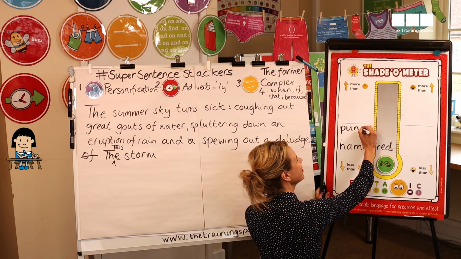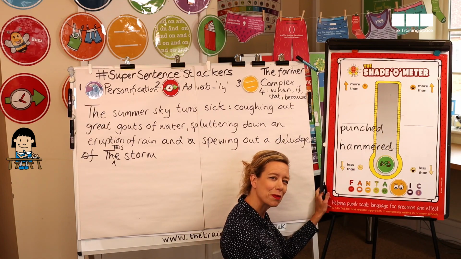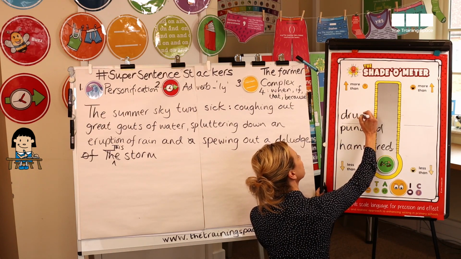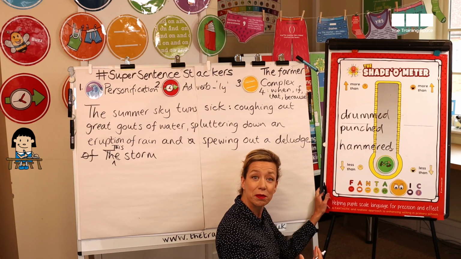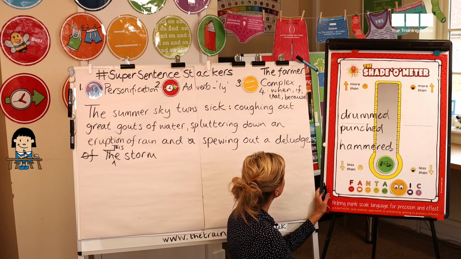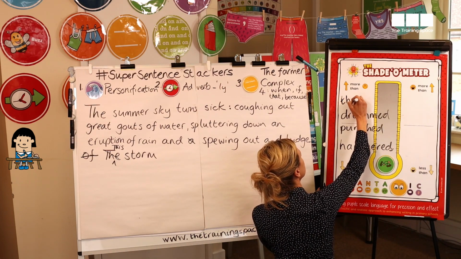Punched. It punched the soil. It hammered the soil. It drummed the soil. Some of these are actually personifying the rain still. Drummed and thrummed.